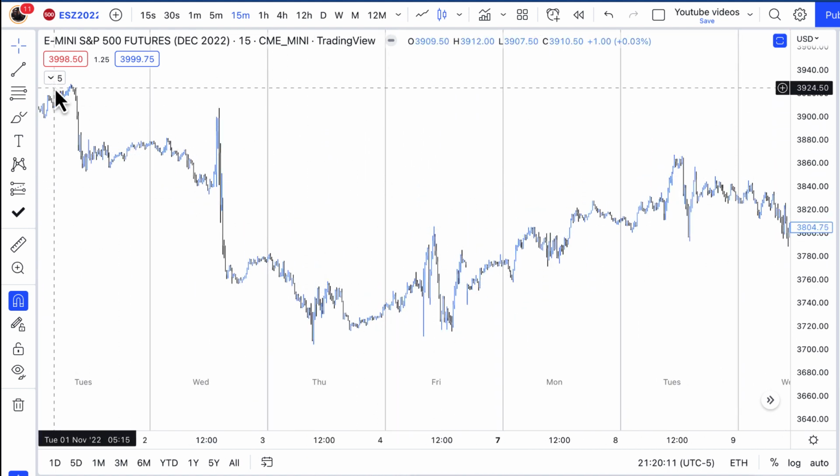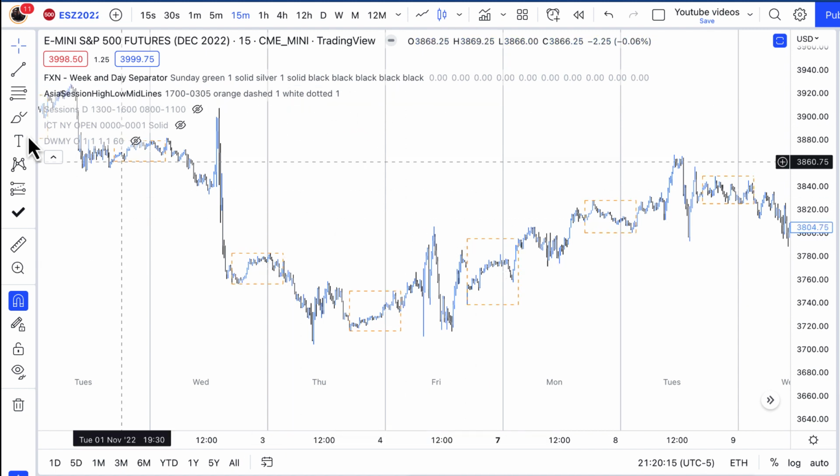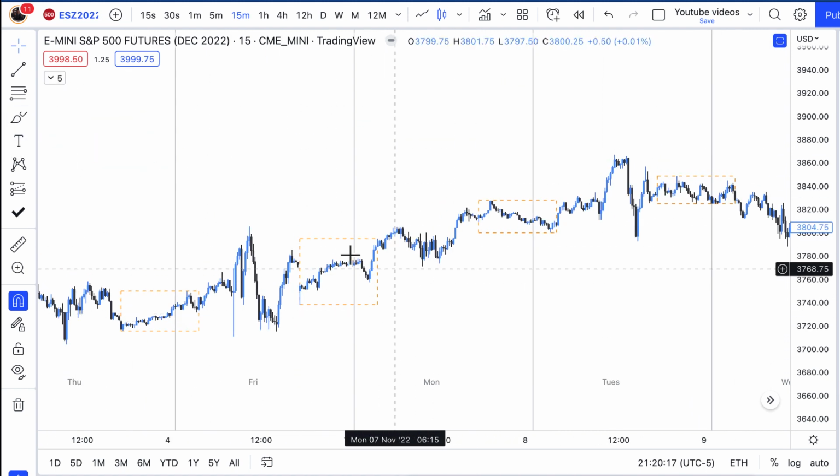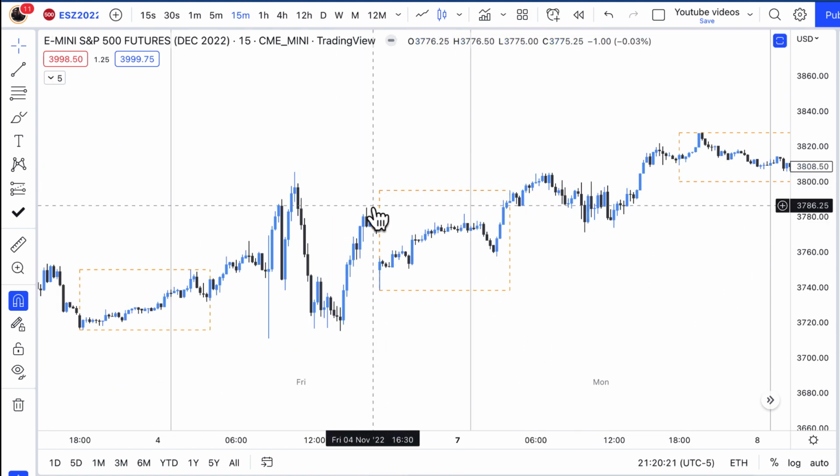All right, the next indicator I use marks the Asian highs and lows. Again, you can go to settings and make the changes to it as you wish, whatever colors you want, etc. So it's important to see what price action is doing during Asia. This information is valuable when taking trades during London and the New York session.